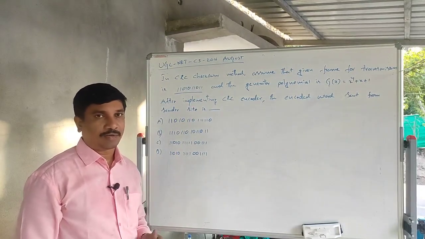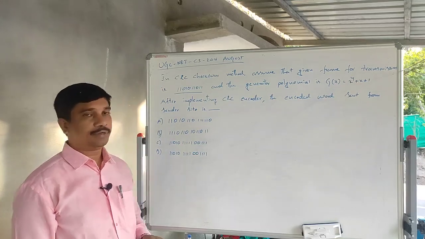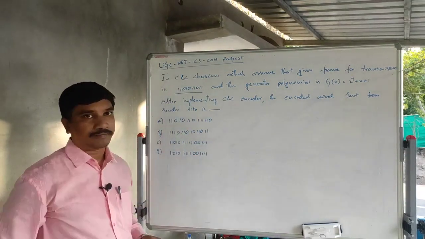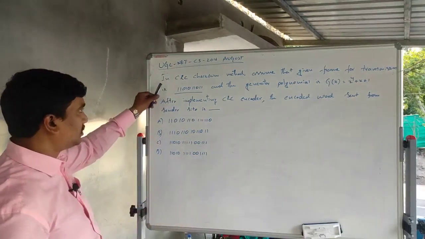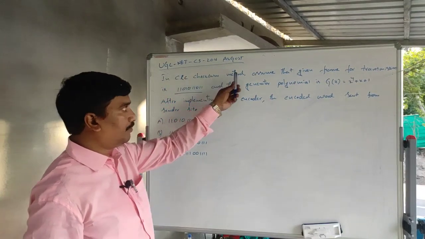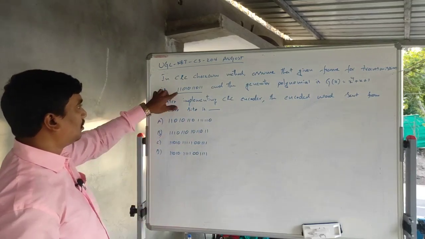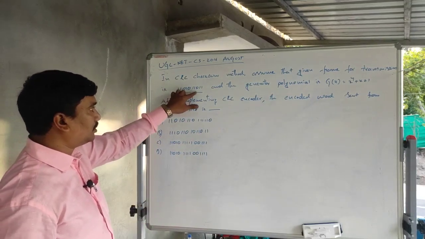In the UGC-NET computer science and application paper, they asked one CRC bit. So in this CRC one, first we will read it. In the CRC checksum method, assume that the given frame for the transmission is 110101111.